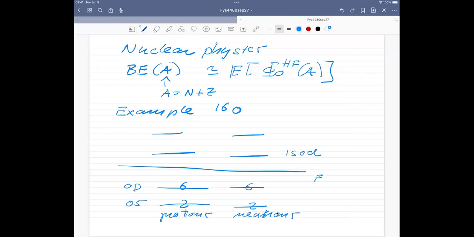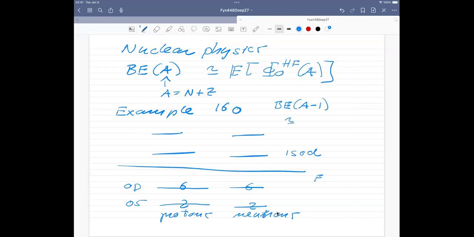Now, what you can do is simply assume that these Hartree-Fock calculations you run, these basis states, can now be used to calculate the binding energy of A minus 1.